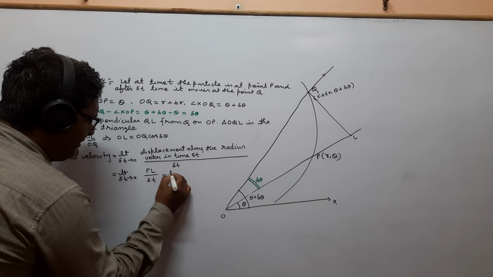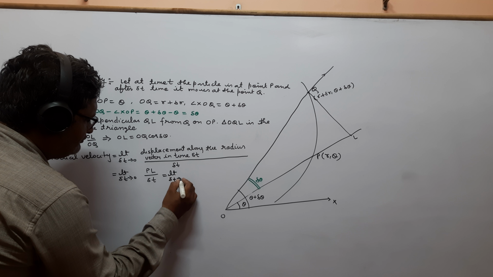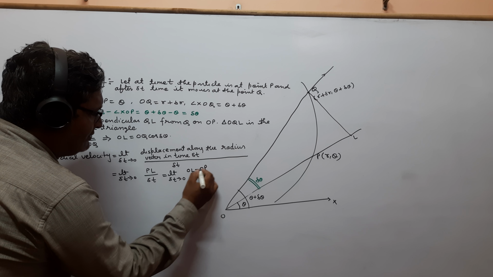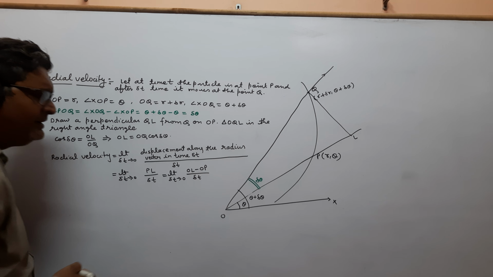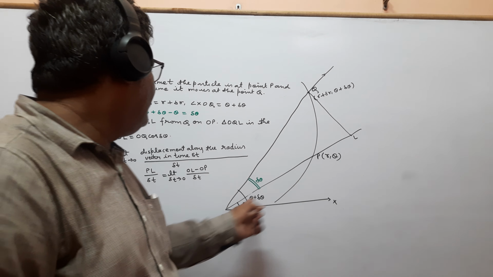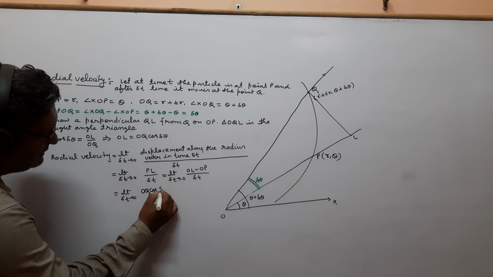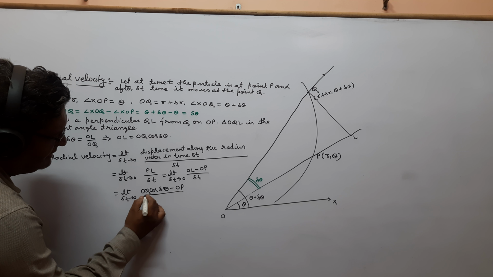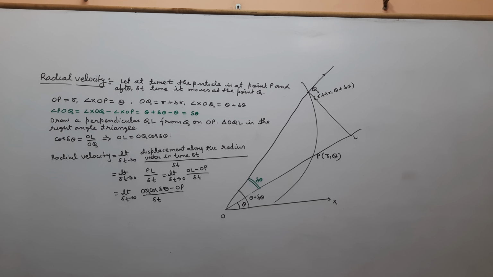So we write here, in place of PL, OL minus OP divided by del t. And we know that this OL is equal to OQ cos del theta. So we write here OQ cos del theta minus OP divided by del t.